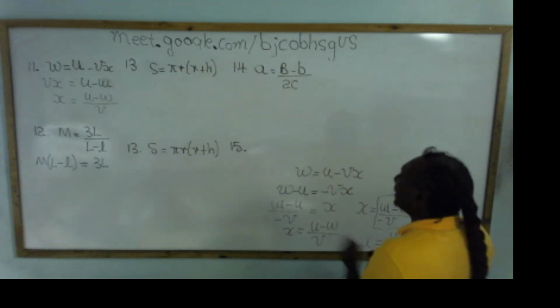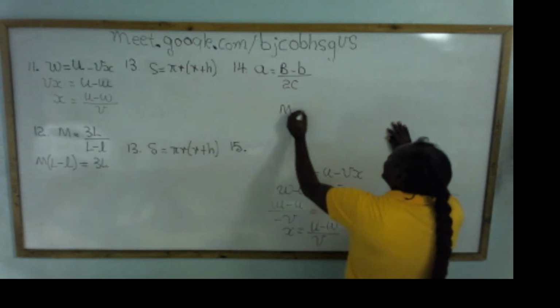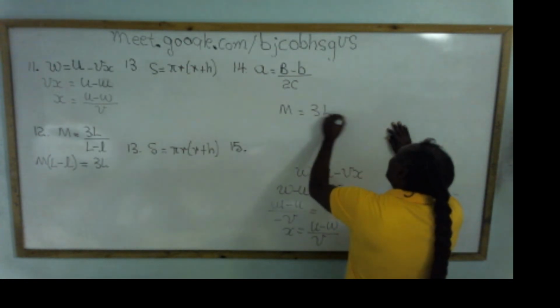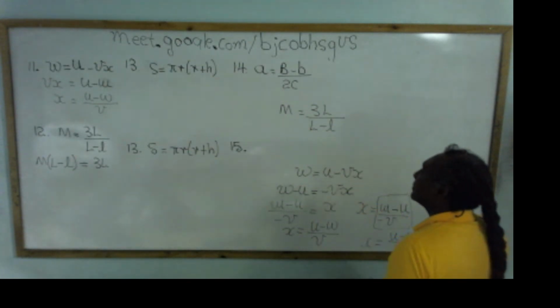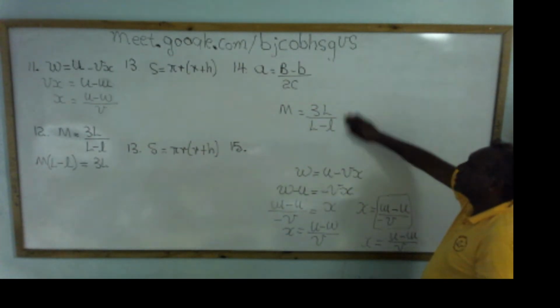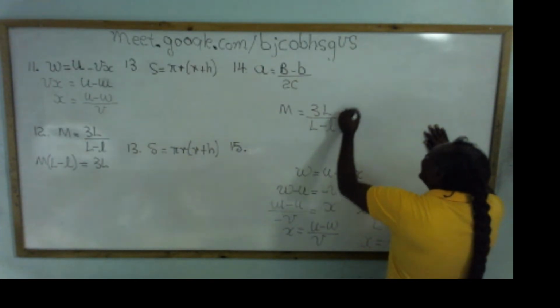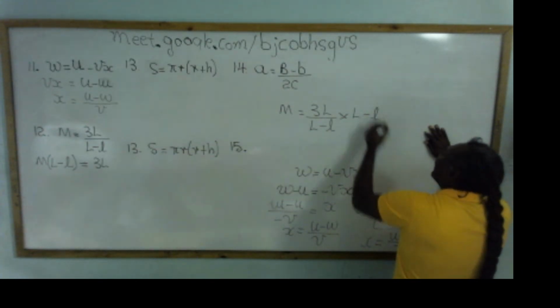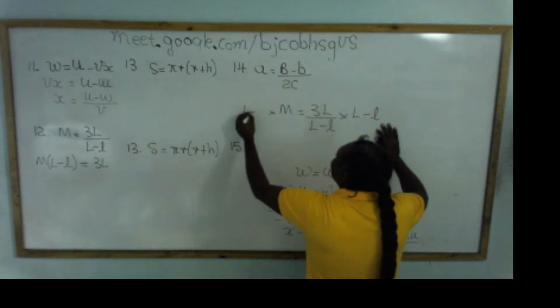Alright. We have M is equal to 3L over L minus L. What I've done is I multiply by L minus L right there, and multiply by L minus L right there.